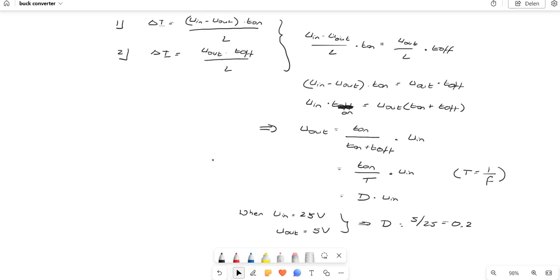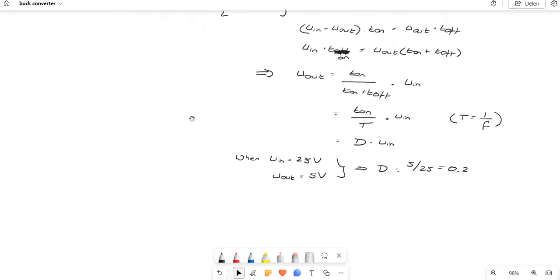So suppose we have a switching frequency of that MOSFET of 200 kilohertz.